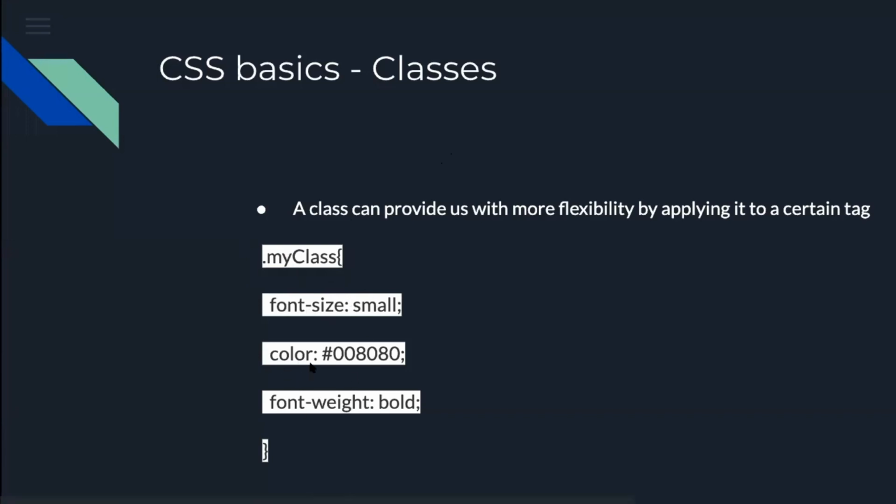If I want to have it bold or italic, the only thing I need to do is include, under this HTML tag, the attribute class equals my class. Of course, in Selenium we use a function called find element by class name. We'll study that later on.